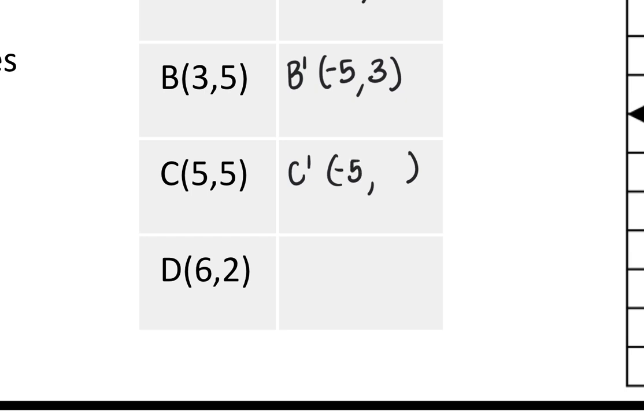Negative 5, 5. All right, let's do D prime. 2 should go first, and I'm going to change the sign of 2, which is negative 2. 6 is going to go second, but I don't do anything to 6. I just leave it like that.